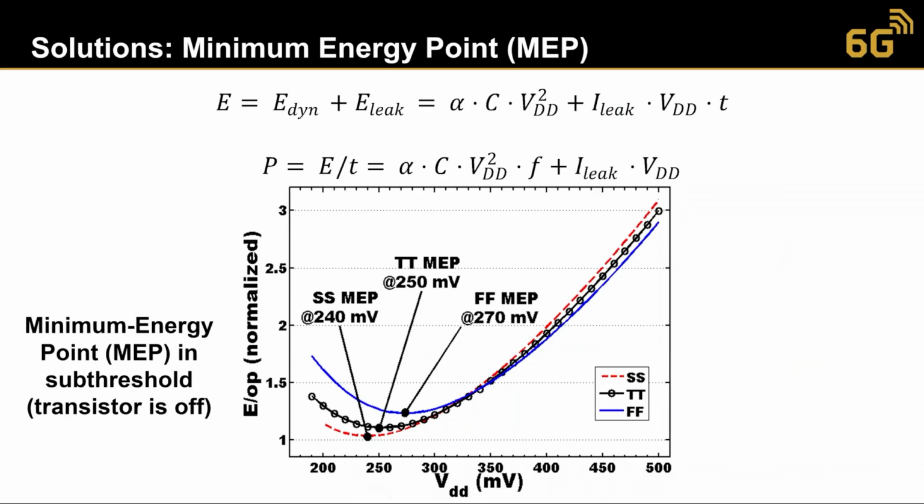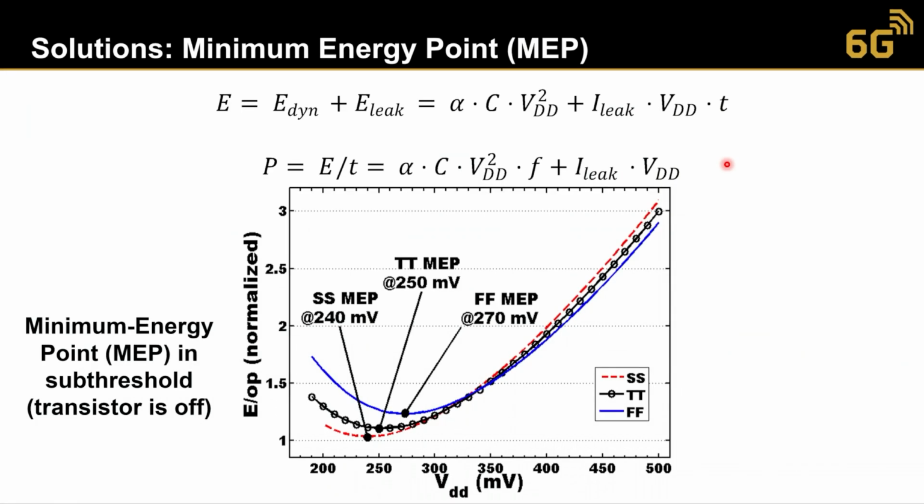Dynamic energy is squared with voltage, and leakage energy, and therefore static energy, is about linear. When you go into lower voltages, you see the effect of this quadratic voltage here. And you do find a minimum energy point, which has been proven in many ways, both in chips and simulations, in the past.